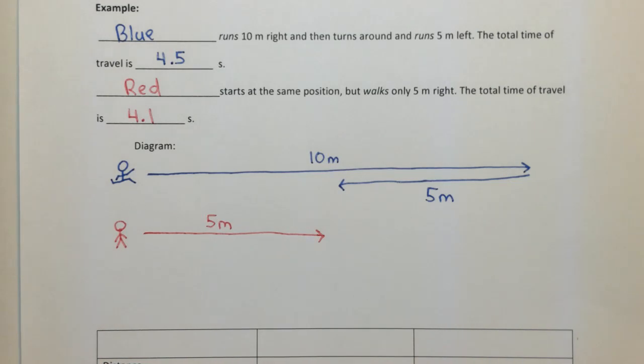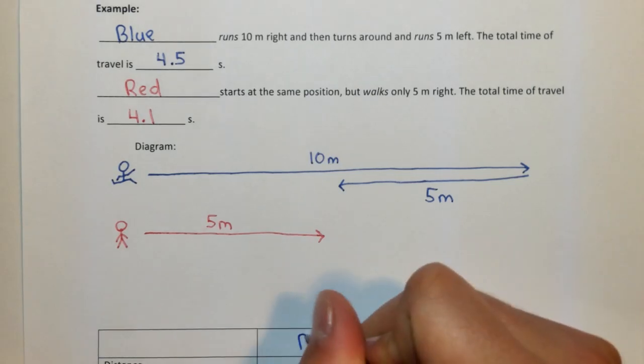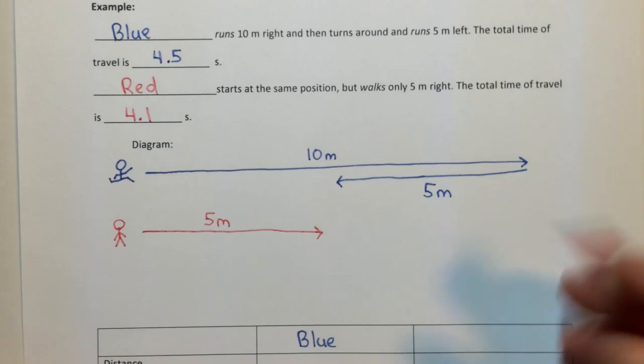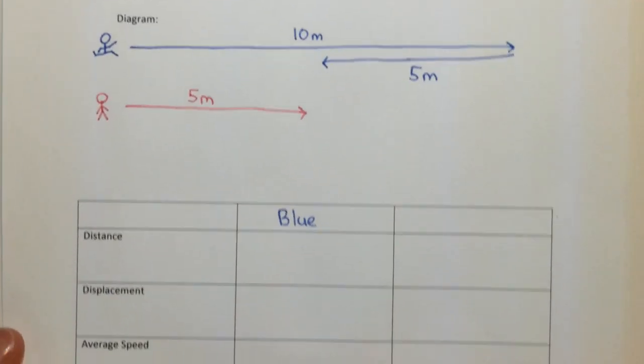Okay, so what we're going to do is calculate the distance, displacement, average speed, and average velocity for each of these characters. So here are going to be the calculations for blue, and here are going to be the calculations for red.